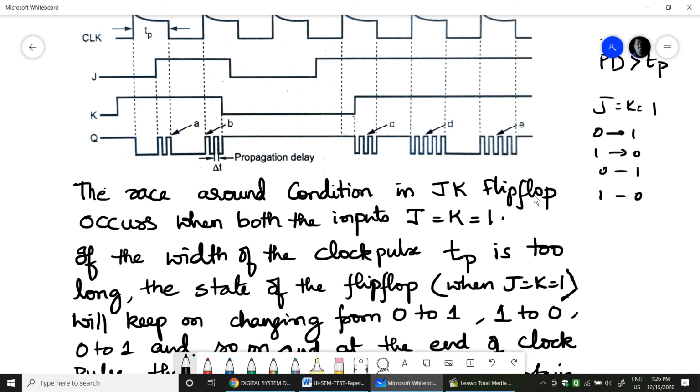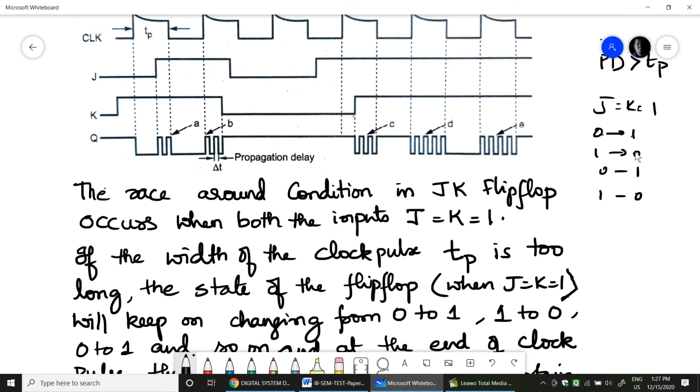So for that reason, you should somehow make the propagation delay much higher than the clock period. If the propagation delay has been increased with respect to TP, it means you're trying to increase the delay of the transition from 0 to 1 or 1 to 0, giving more delay for that.